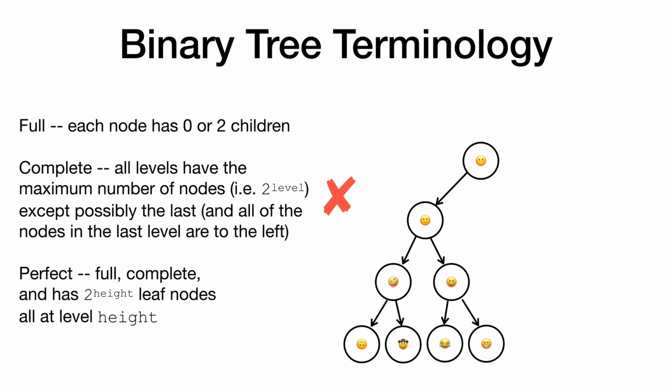So it's not complete, which means it can't be perfect. But is it full? Let's see. We have 2 children, 2 children, 2 children, 0, 0, 0, 0. But this node only has 1. The root only has 1 child. So is it full? No, it's not full.